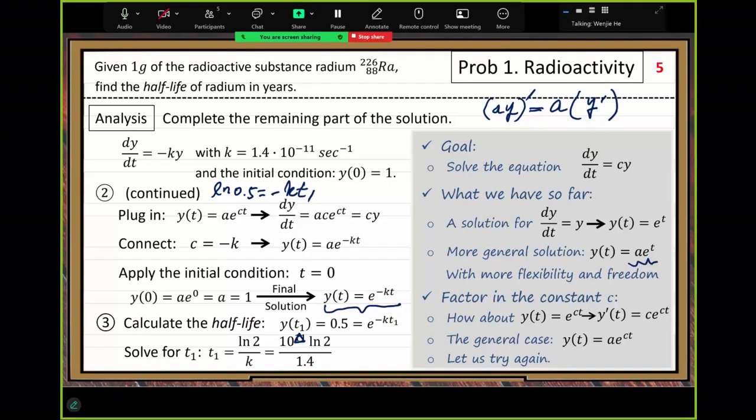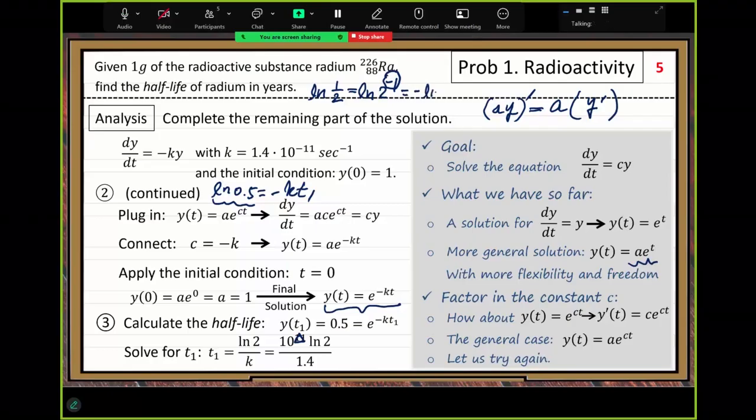What is the natural log of 0.5? Can we write 1 over 2 as 2 to the negative first? Then there is a log property that the negative 1 can be brought to the front.